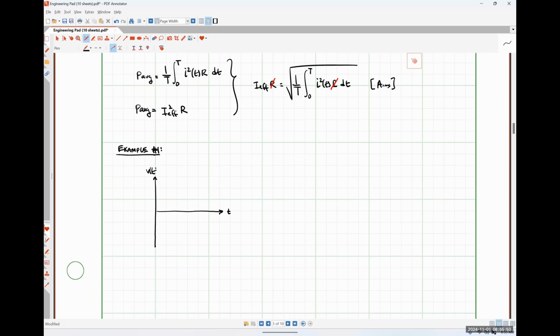Here is voltage as a function of time, but this math would work exactly the same if it were a current. And let's say that I have a signal like so. So it's high for some fixed amount of time.